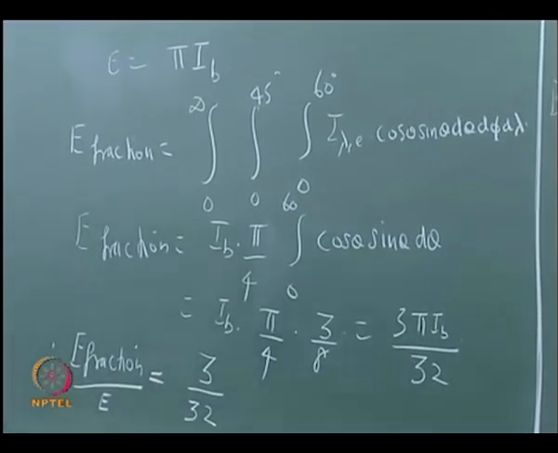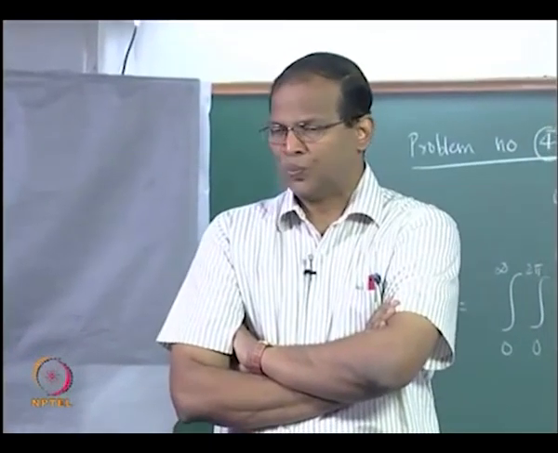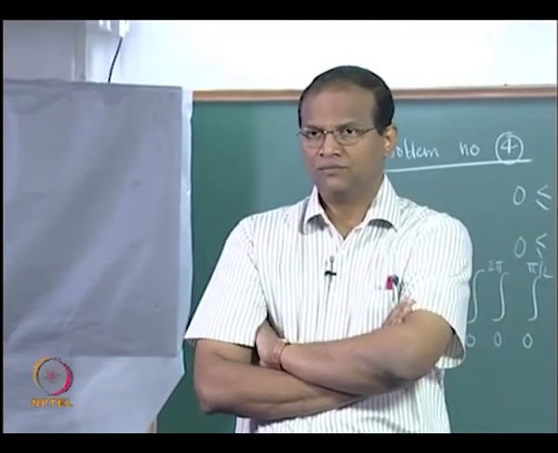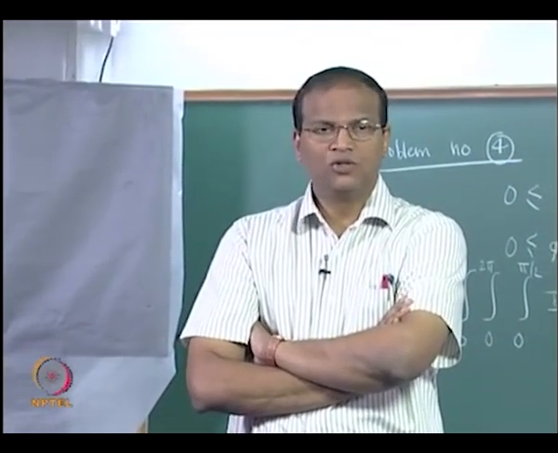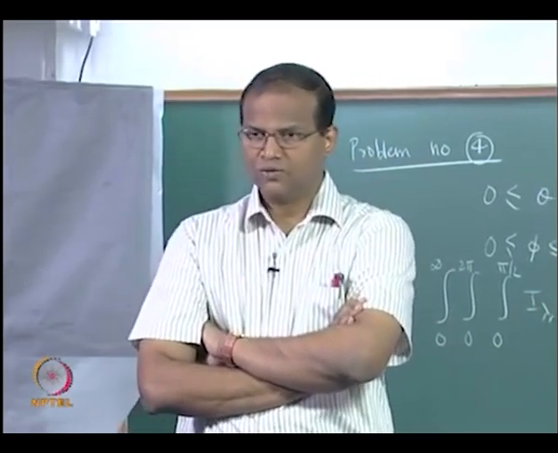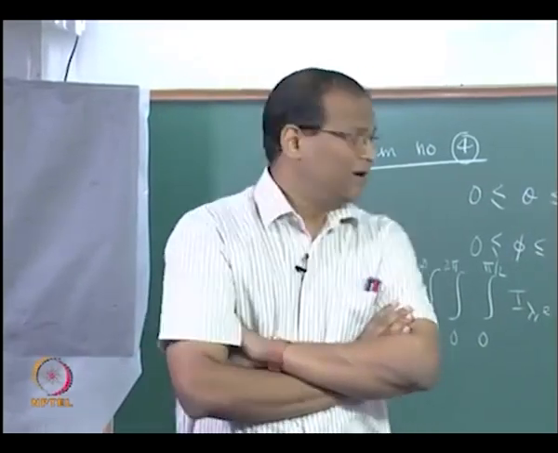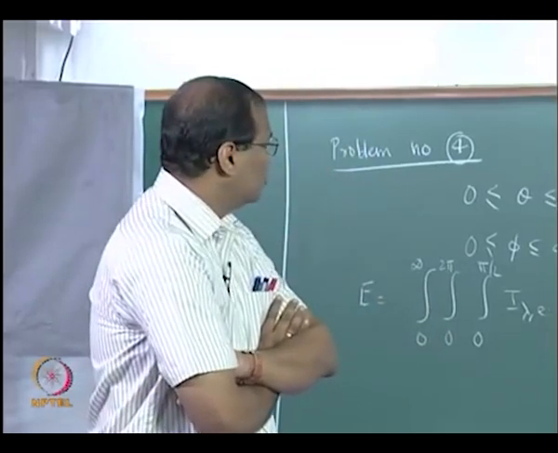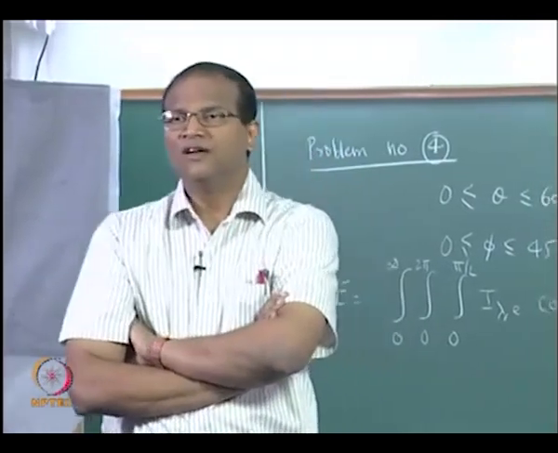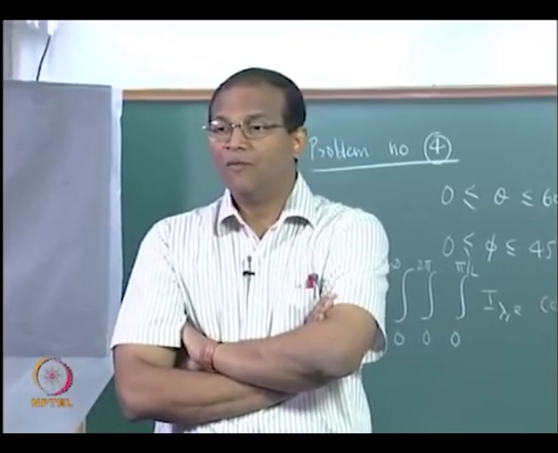The most important point you have to recognize is out of 0 to 90 you have 0 to 60, that is 2/3. Out of 0 to 2 pi you have 0 to 45, how much is it? 1/8.